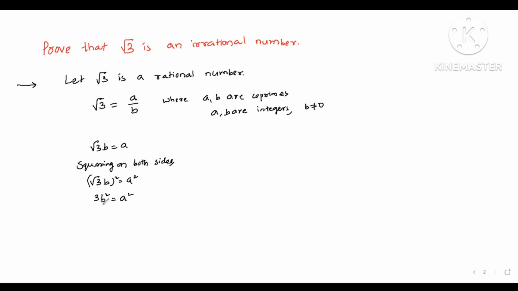3 into some number means, for example, 3 into 5 equal to 15. What do you mean by that? We are writing the product of 3 and 5 and we are getting result 15. So here you can tell that 15 is divisible by 3, means 3 divides 15.